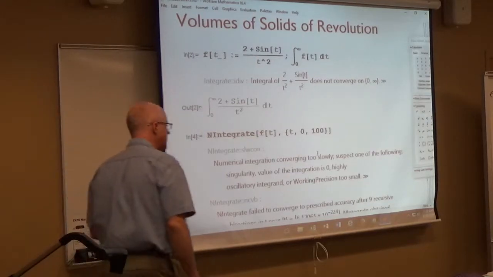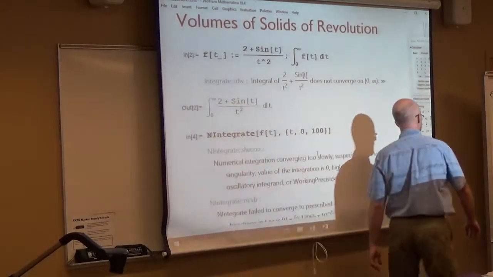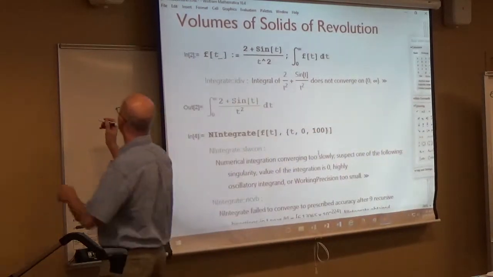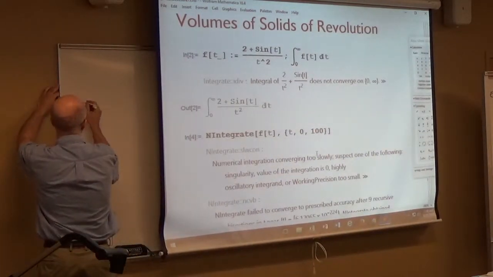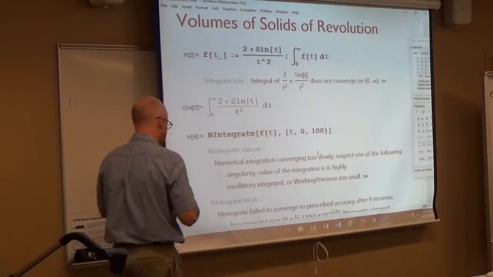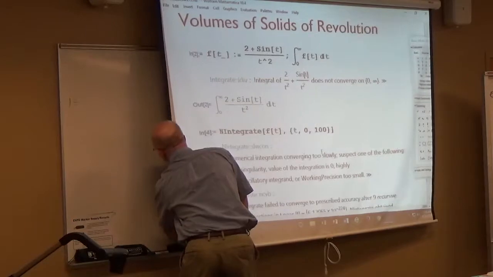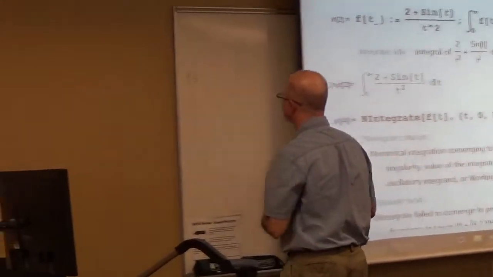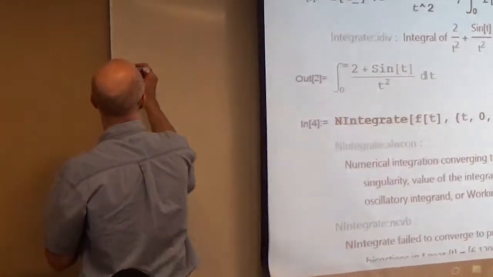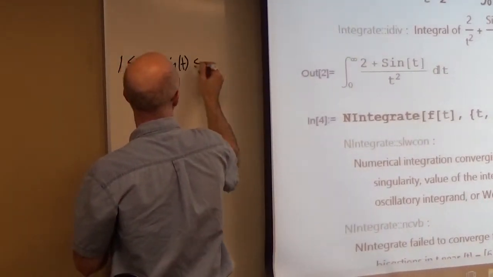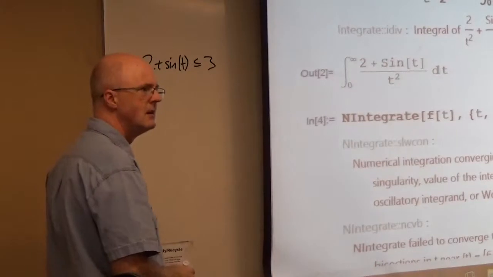See, 2 plus sine t is always going to be between 1 and 3. Right?